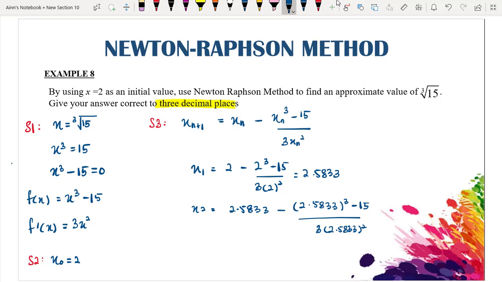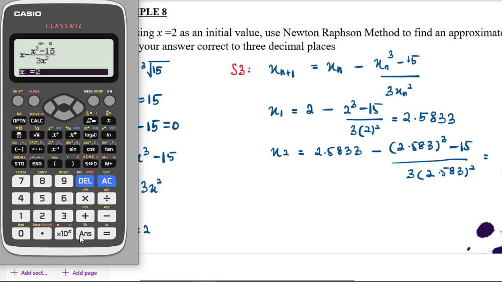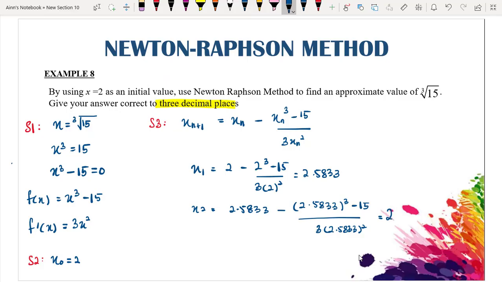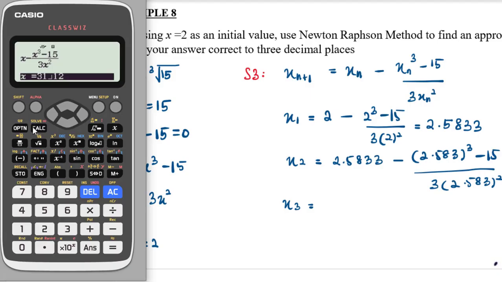So to get the second answer, we just press CALC, press answer, and then equal. So we will get 2.4714. So for the third one, we just put the value in. So we will press CALC, answer, equal.